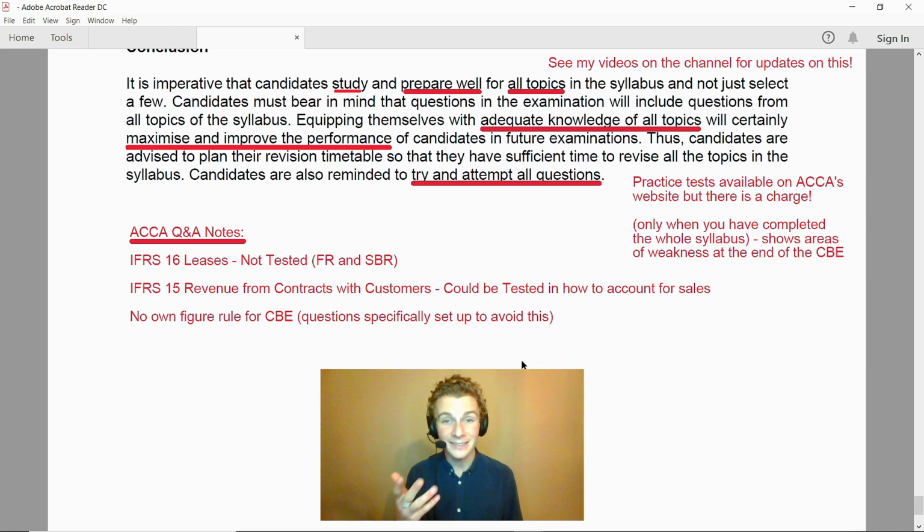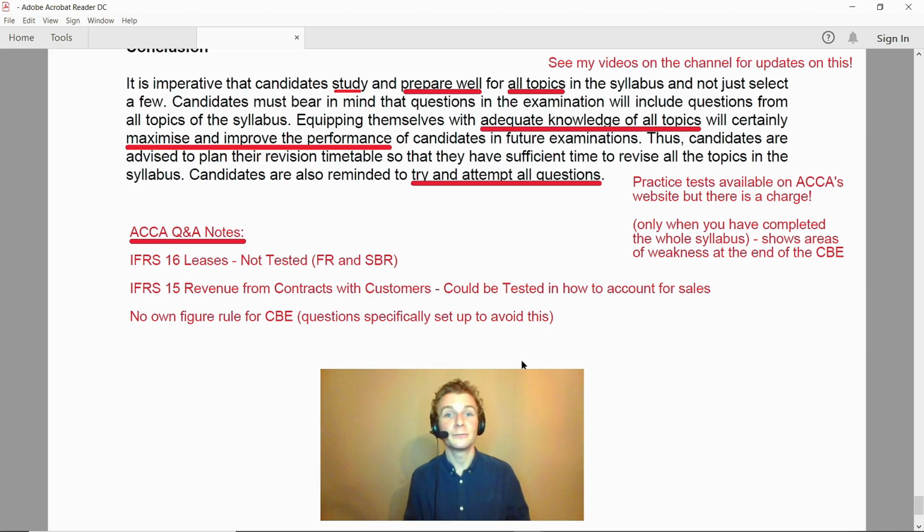I did a bit of research on this online: you can attempt the CBE and it will tell you at the bottom which areas you need to improve on and have a look back into your core text. So if you're going to buy them and go through them, actually do them at the end. Maybe a week before the examination, maybe 2 weeks, I'd say, to be safe, because then you can focus and home in your revision techniques.